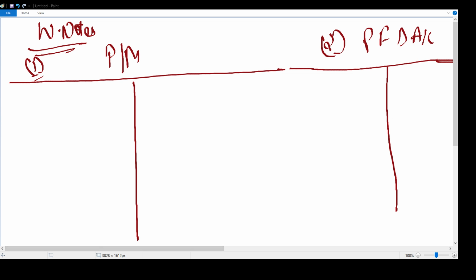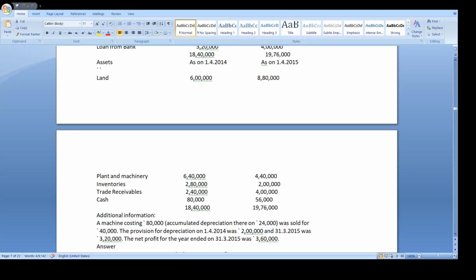Now just have a look at the question again. See, the opening balance of plant and machinery is 6 lakh 40,000 and 4 lakh 40,000 rupees.